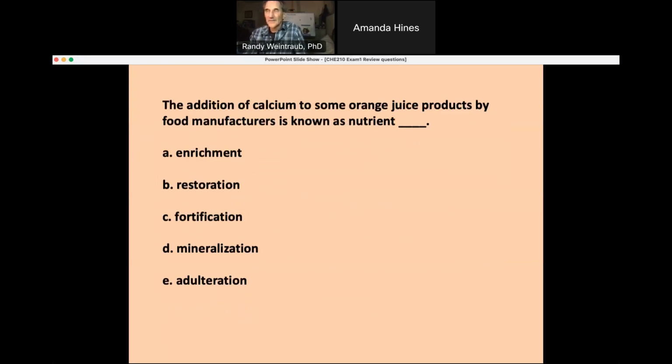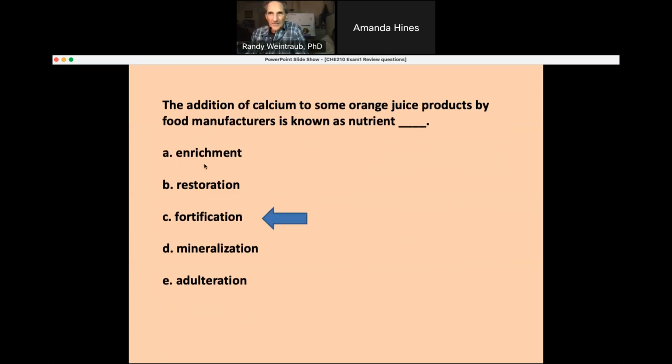Addition of calcium to orange juice. This is fortifying because it wasn't there before. It's definitely will be a question related to the distinction between fortifying food, that is putting a nutrient in where it wasn't there naturally, to fortify that food with some additional nutrient.